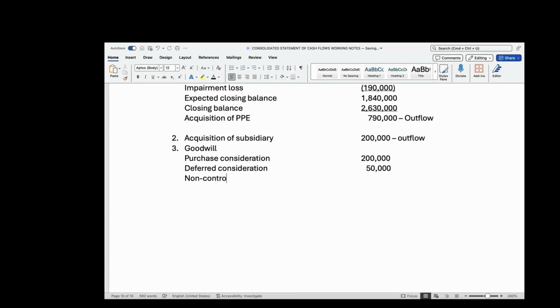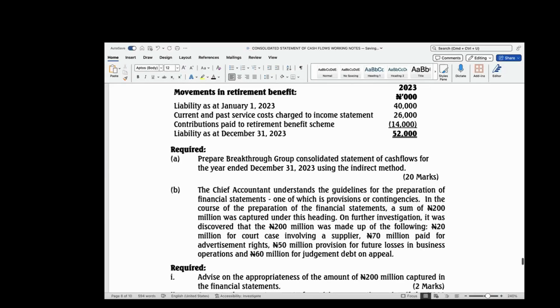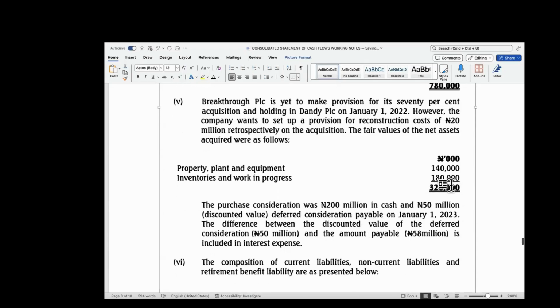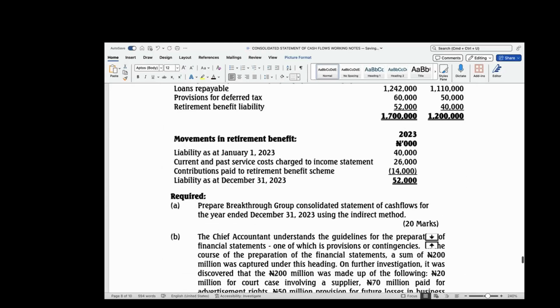Then I get my non-controlling interest, which, how many percent again? How many holding did I acquire in this subsidiary? Okay, 70%. That means NCI is 30% of net asset acquired, which is 320. So 30% of 320.